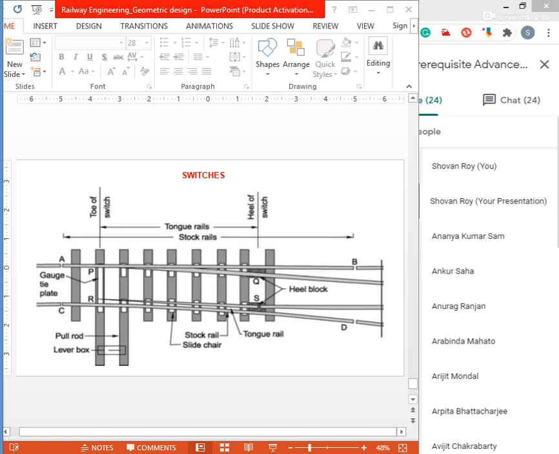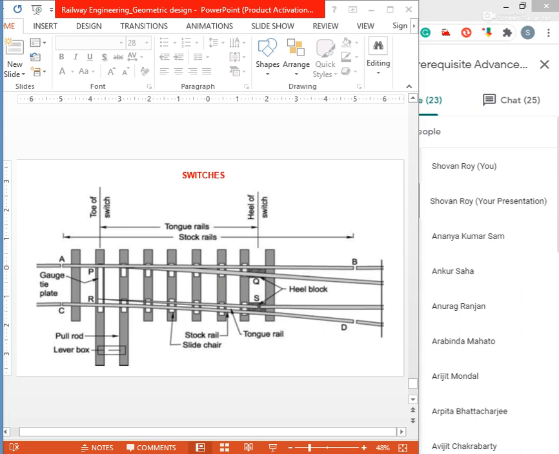So again I am repeating, a pair of heel blocks which hold the heel of the tongue rails is held at the standard clearance or distance from the stock rails. A number of slide chairs support the tongue rail and enable its movement towards or away from the stock rails. Chairs are the clips normally used to fix elements in the railway.